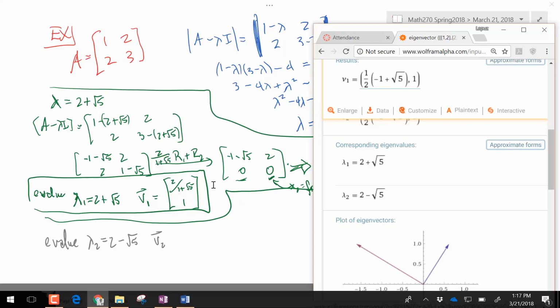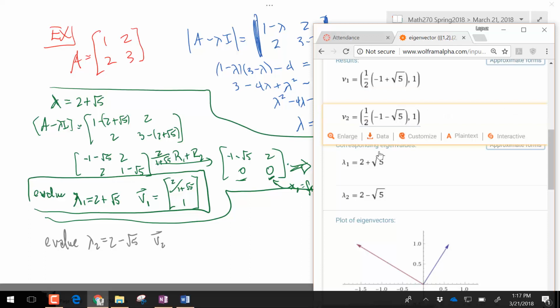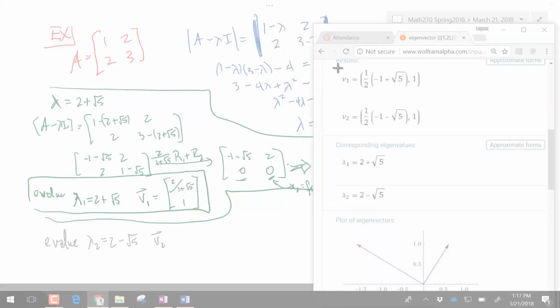Well, you can do whatever you want. This Wolfram Alpha, the program actually rationalized the denominator, and so that's why it looks different from what we have. So I'll just take a picture of their copy.